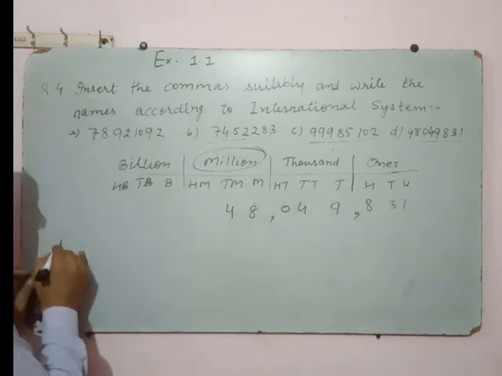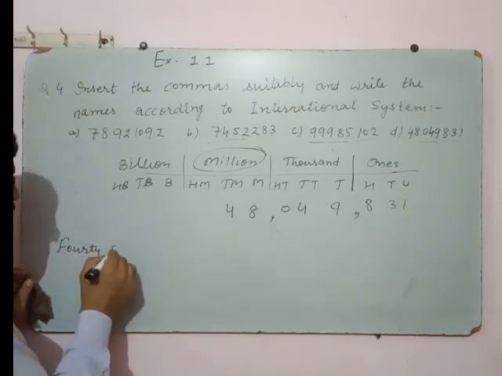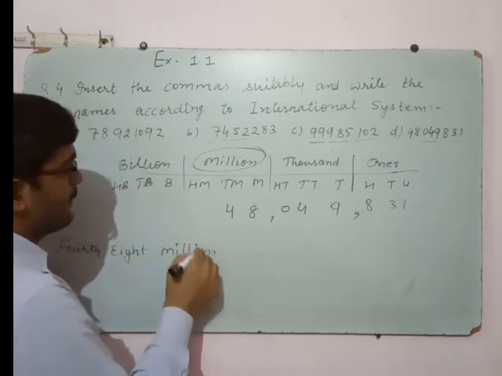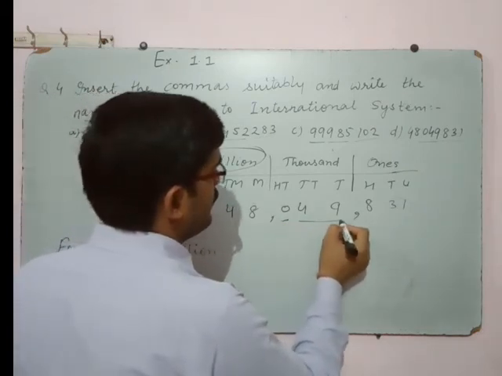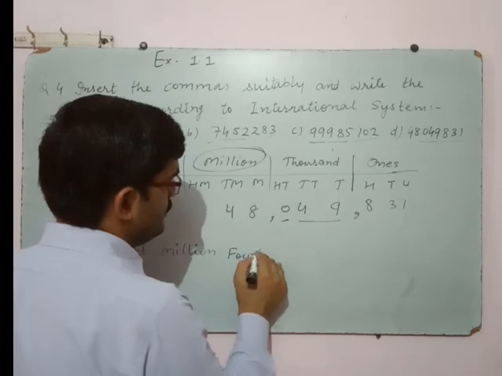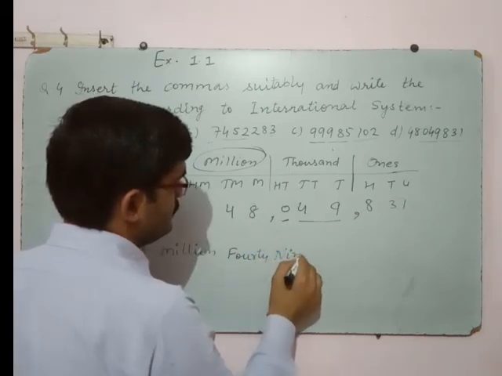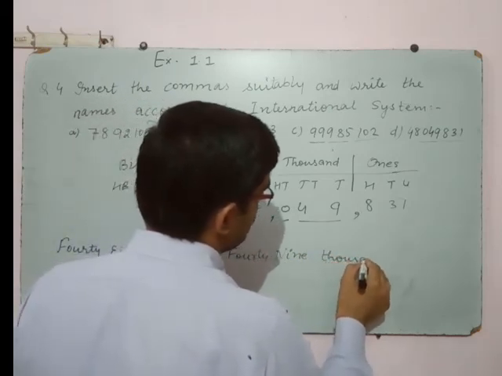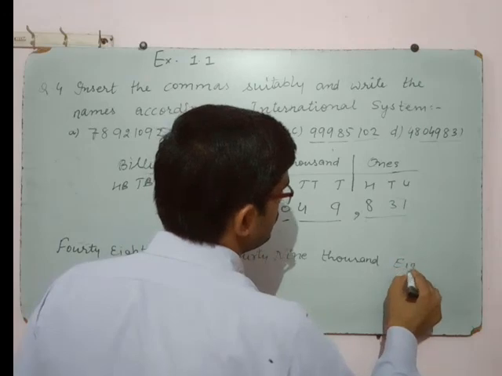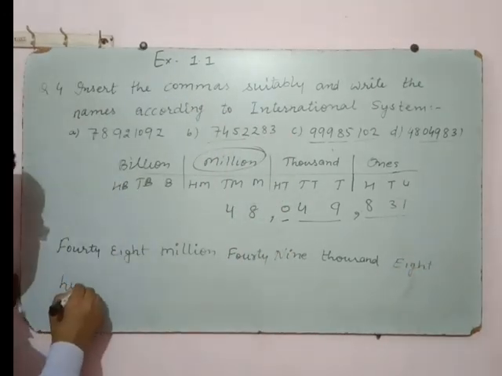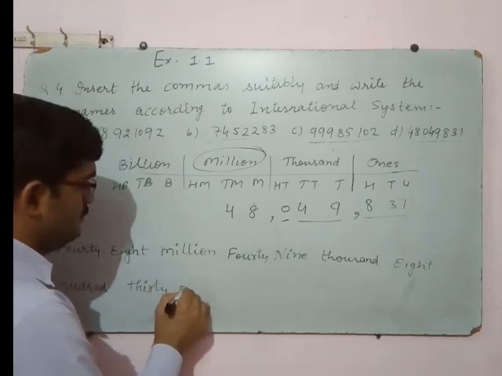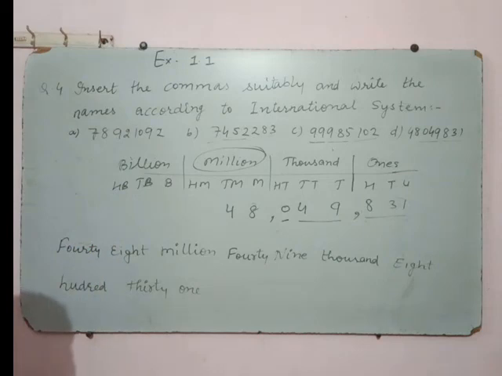So in million period there are 48 million. 100 place is vacant. 49,000. 800. 131. Okay. So this is our last question.